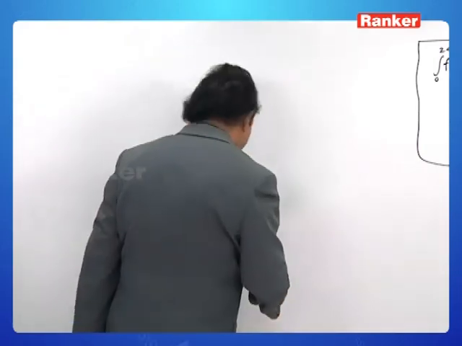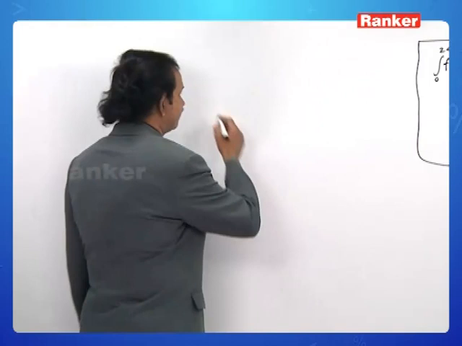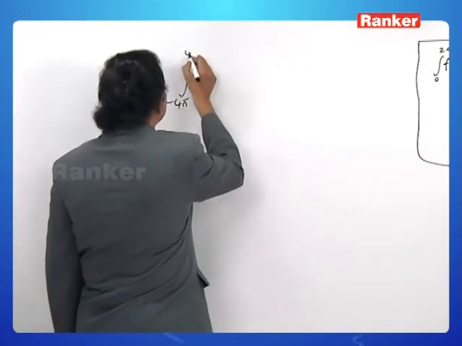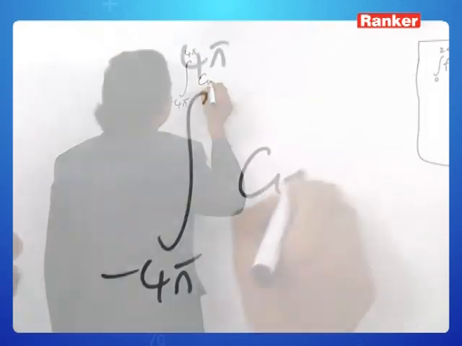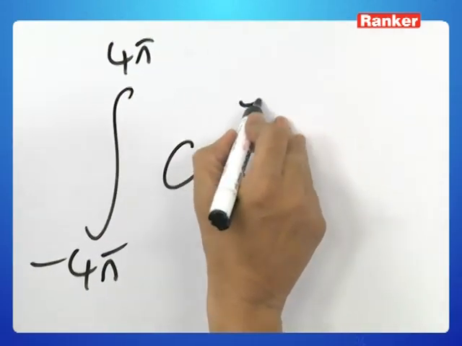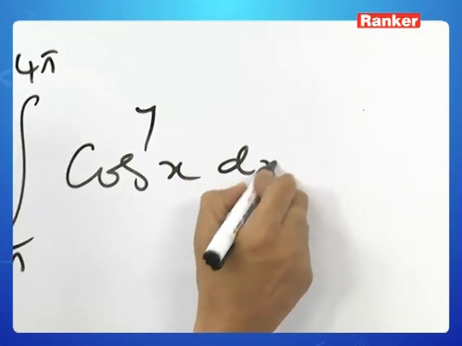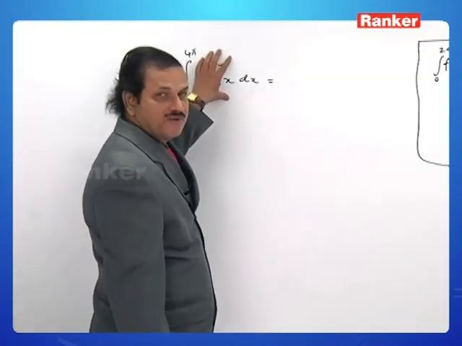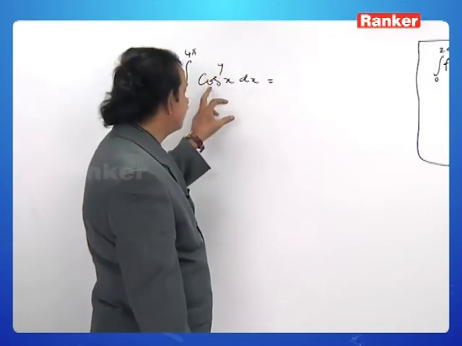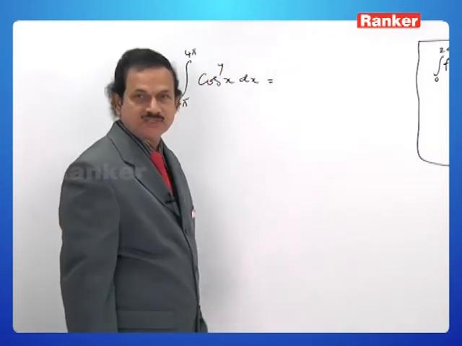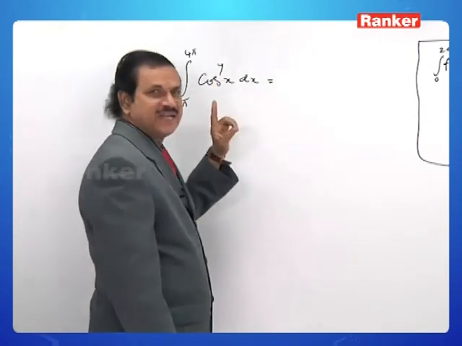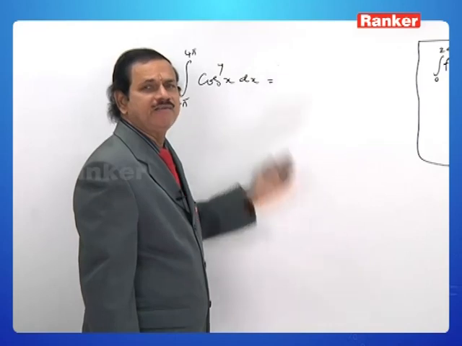Another formula, another problem, another application of that one is integral minus 4 pi to 4 pi cos power 7x dx. First of all, is this function an even function or odd function? Cos of minus x is nothing but cos x, isn't it? So it is an even function. Irrespective of the exponent present here, this is surely an even function.